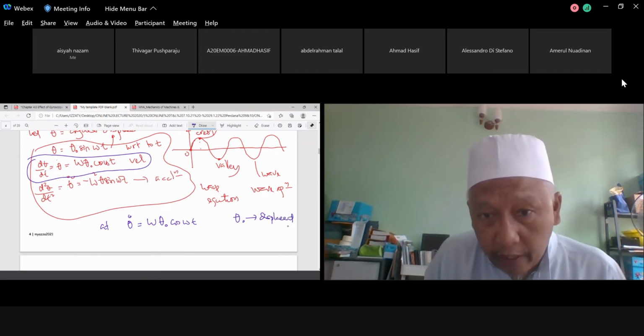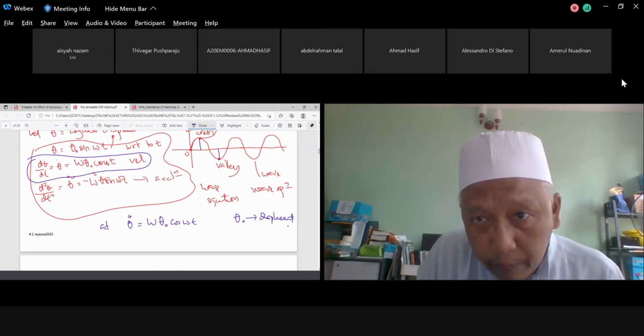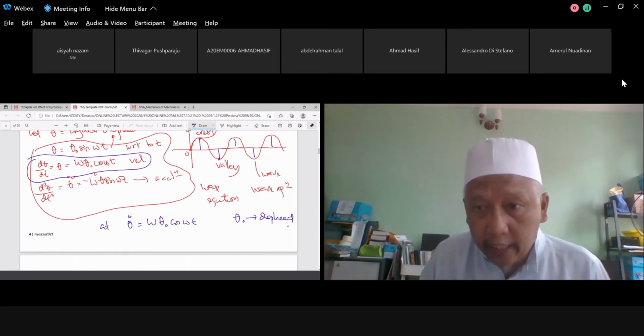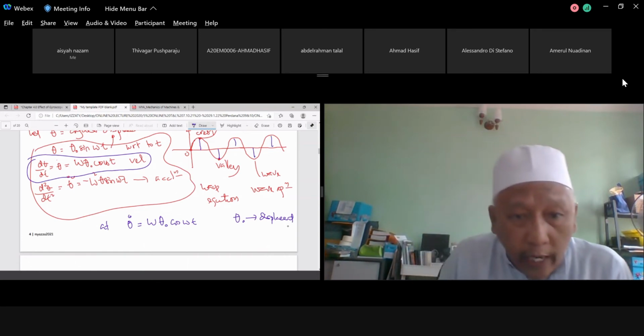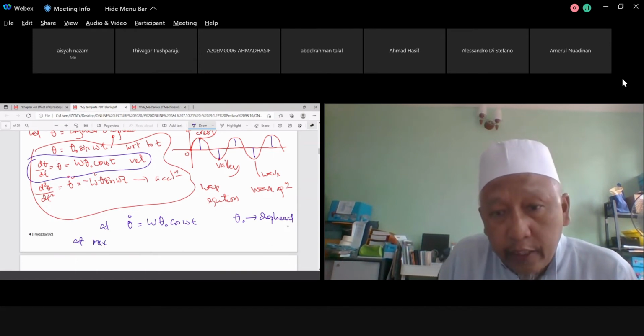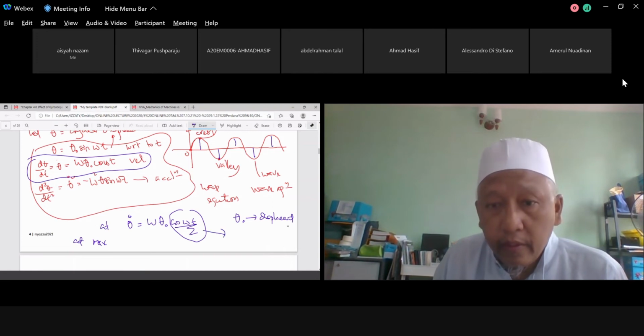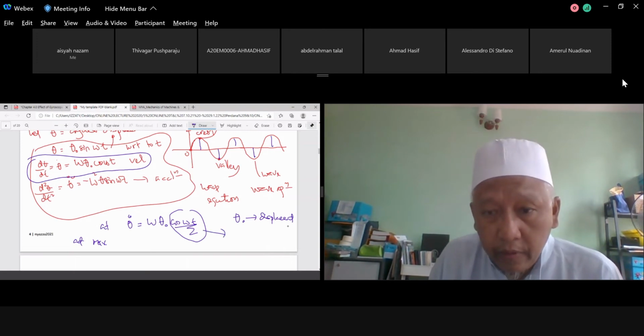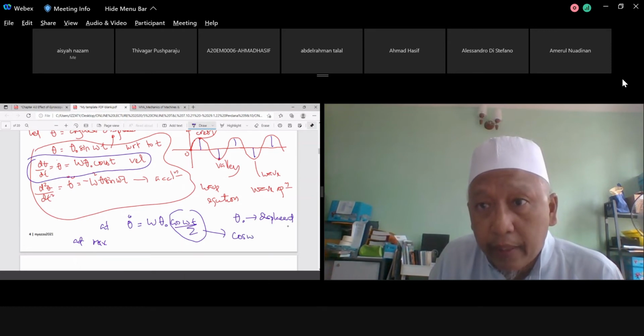Perhaps if I can show you, theta naught is here. This one all theta naught, angular displacement, of course. So at maximum, as I mentioned earlier, what happens to cos omega t at maximum? Anyone?